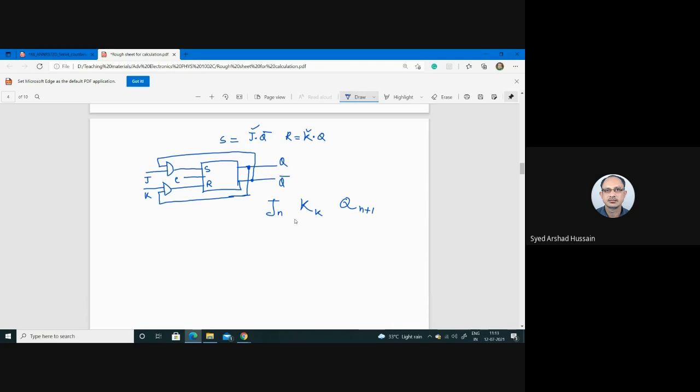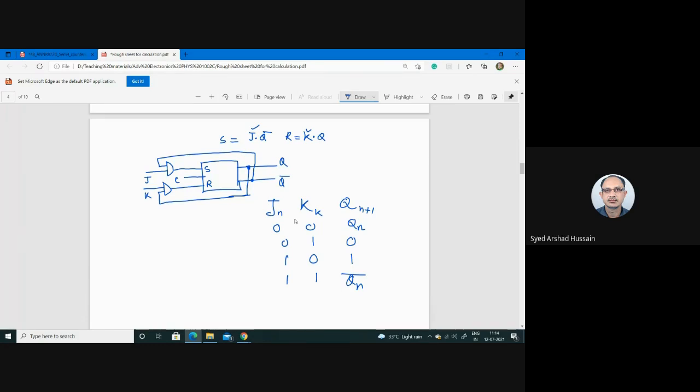For 0, 0 we have no change, that means Qn, the previous state. 0, 1 we have 0, reset. 1, 0 we have 1. And 1, 1 we have Qn bar.